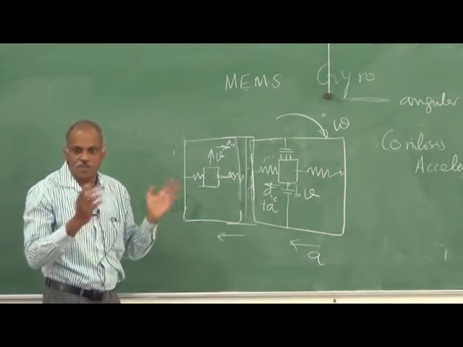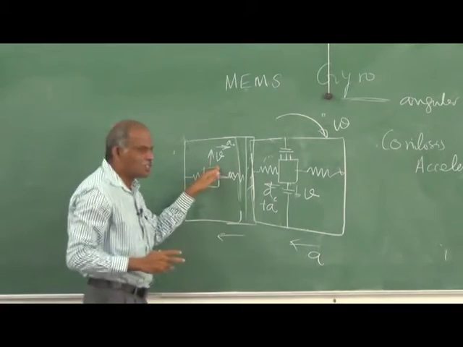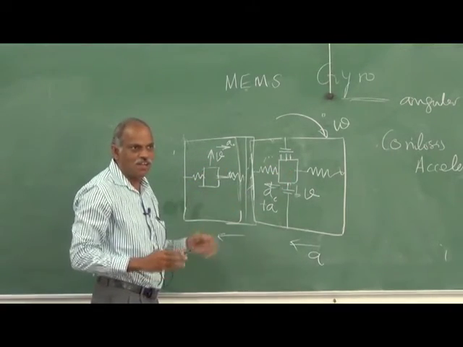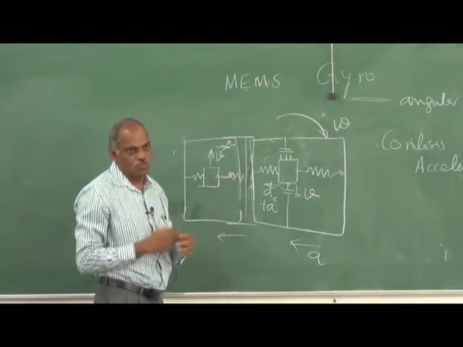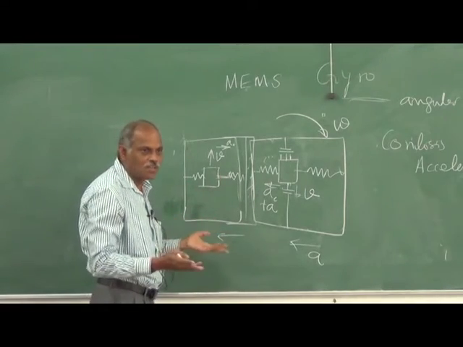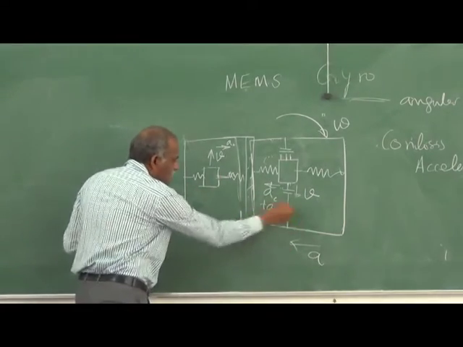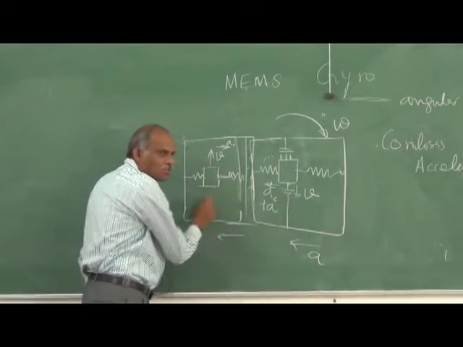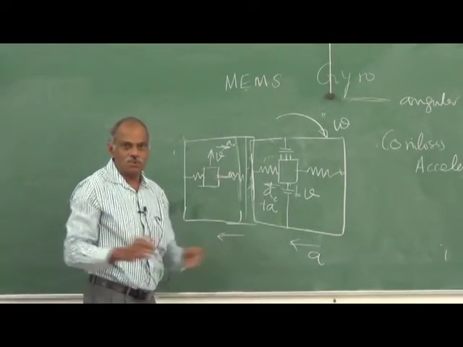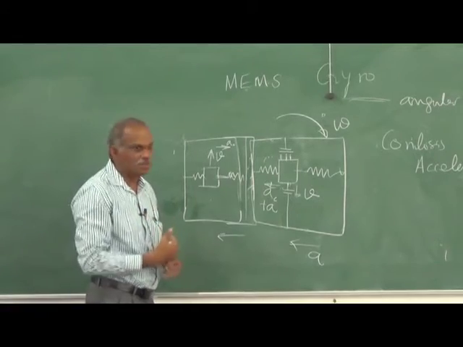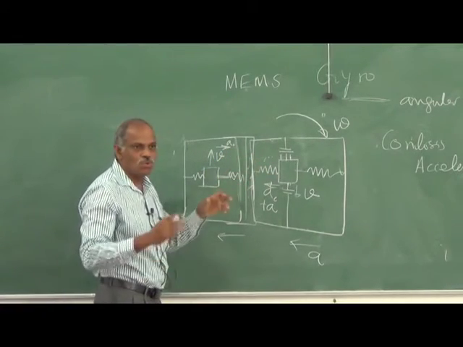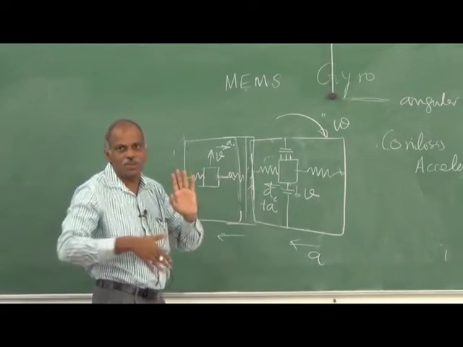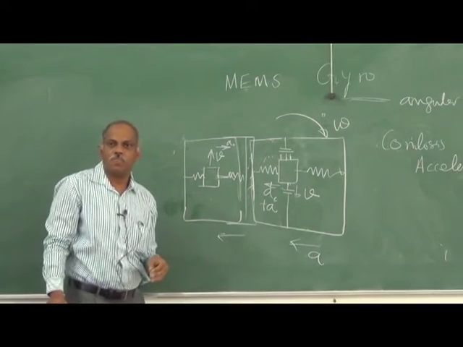In other words, I measure the capacitance change here and the capacitance change here, and I subtract those two changes. What will happen is the linear acceleration imposed on these two will be cancelled out because they are in the same direction, whereas these two Coriolis accelerations will be added together and you will get an output.